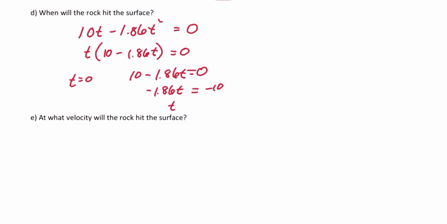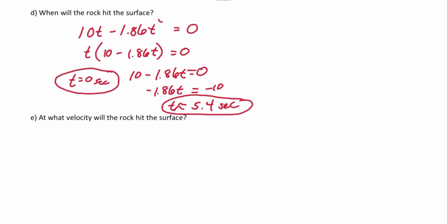And it looks like at 0 seconds it's on the ground, and at roughly 5.4 seconds it's on the ground. If we wanted the exact value here, we could rewrite this as time equals 10 over 1.86.